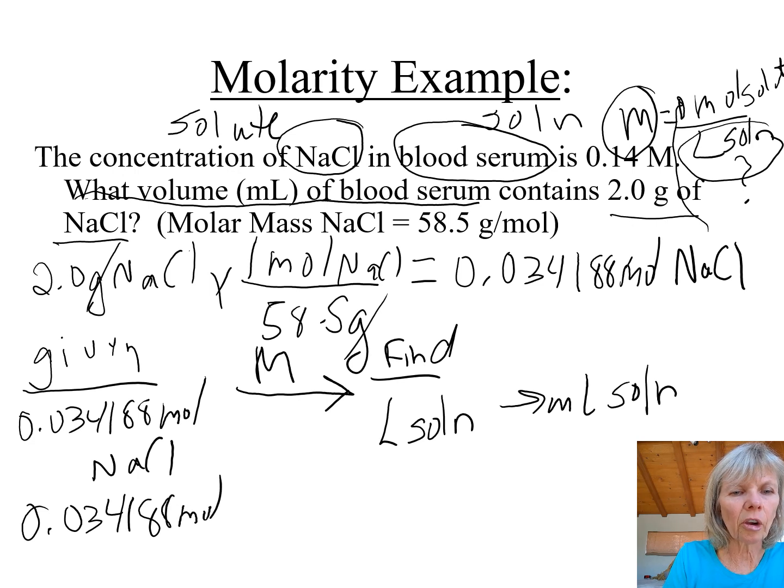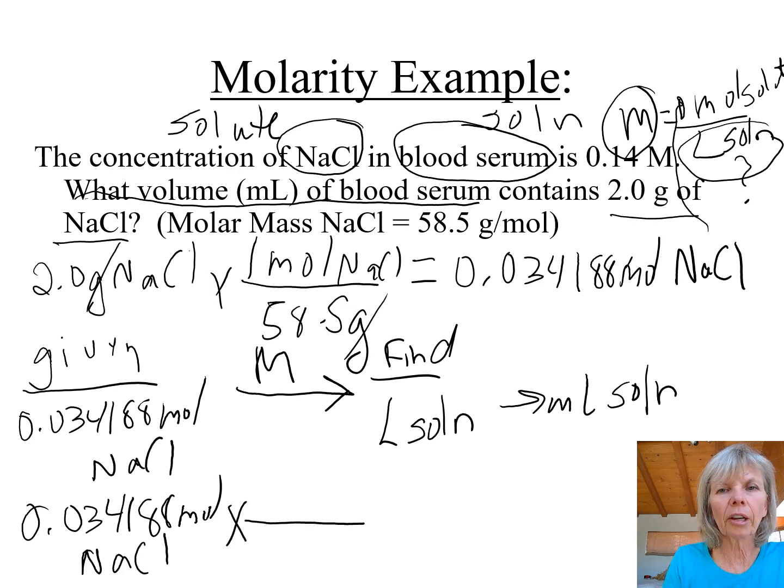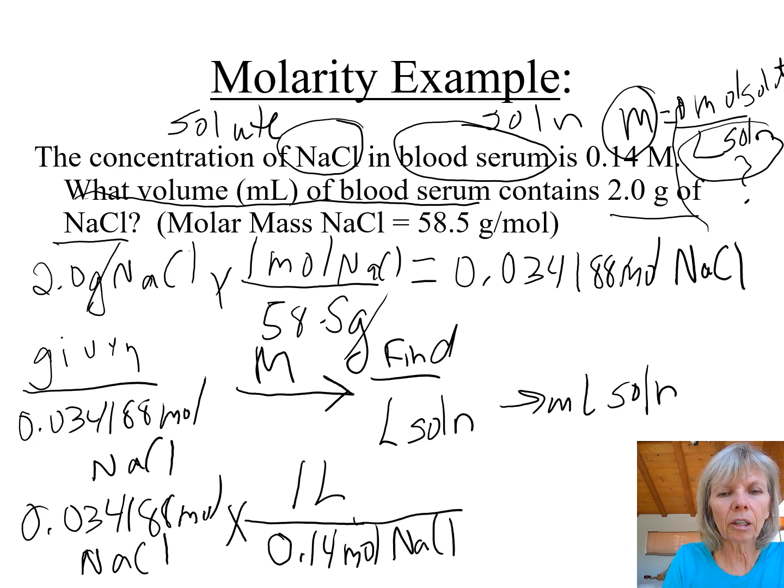So we have 0.034188 moles of sodium chloride. We can use our molarity. Molarity again is moles per liter. So in this example, we want our moles at the bottom to cancel units. So molarity is 0.14 moles of sodium chloride per 1 liter of solution.